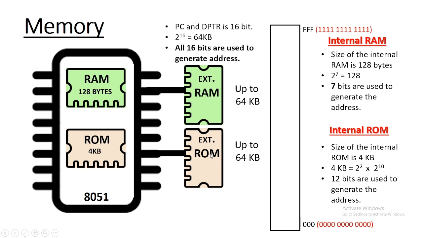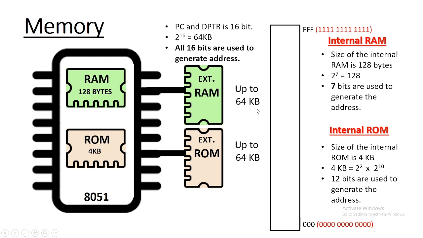When external RAM and external ROM are connected, the total size becomes 64 KB, and to access 64 KB of memory, 16 lines are used, and that's why the full capacity of the program counter and the DPTR is used. Program counter and data pointer register are 16 bit.